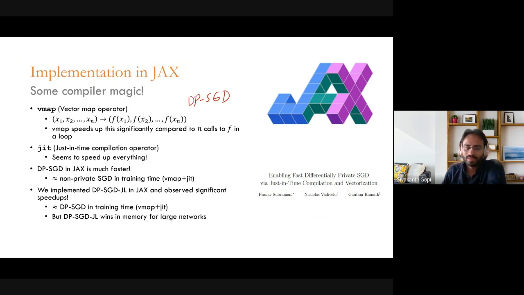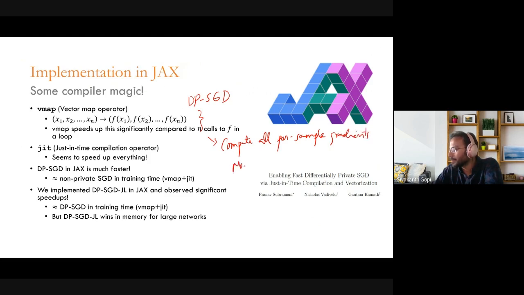But what we observe is that our algorithm still wins in memory. Why is that? Because even if you use VMAP, DP-SGD will compute all per sample gradients in parallel, or some kind of parallel. What that means is the memory will be roughly the number of parameters of your network, or the model size, times the batch size, which is kind of bad.